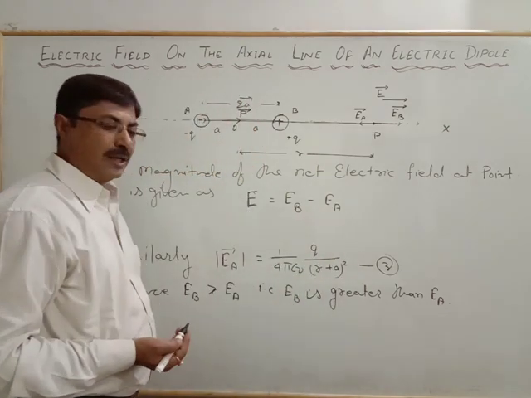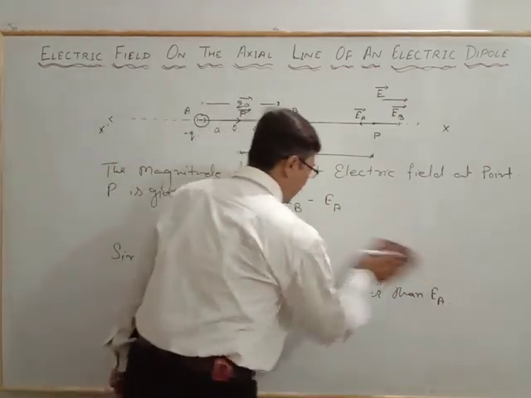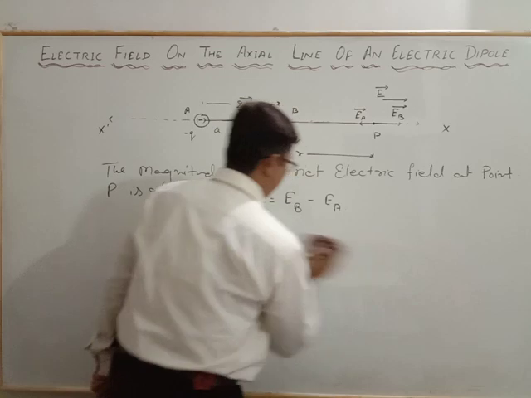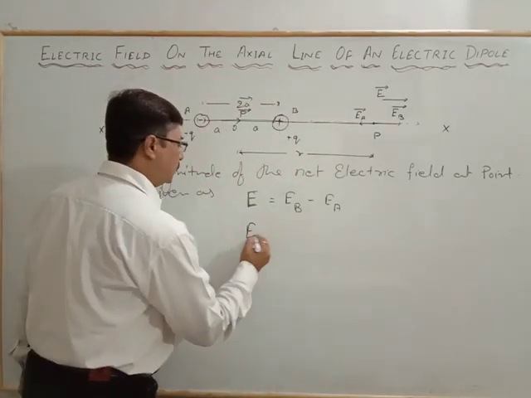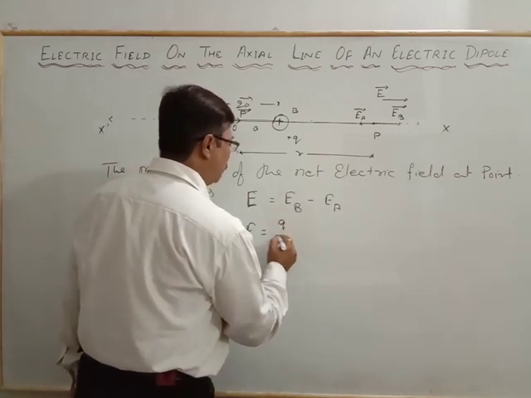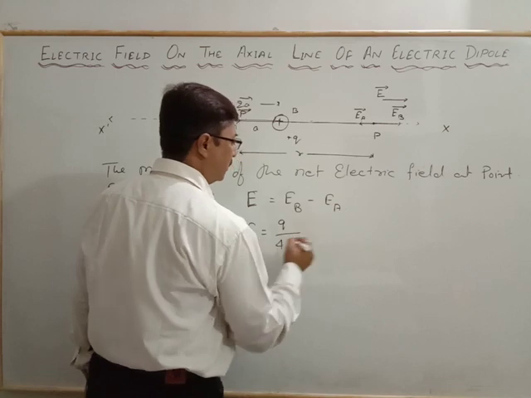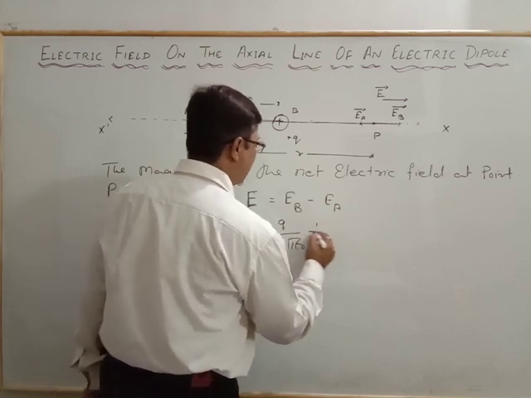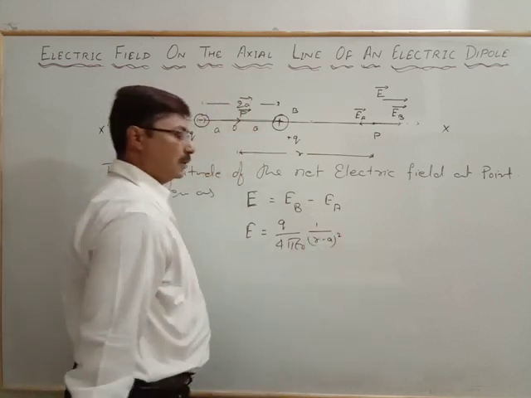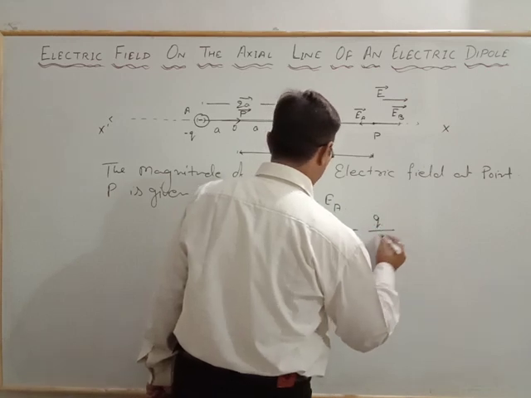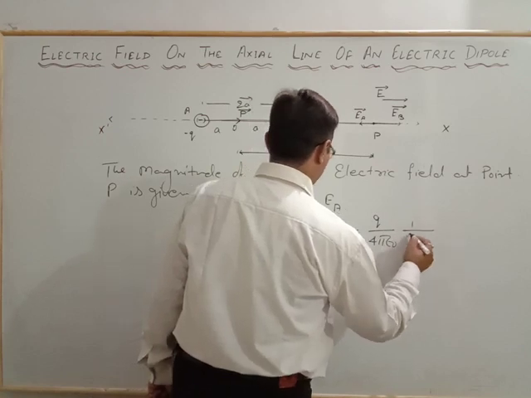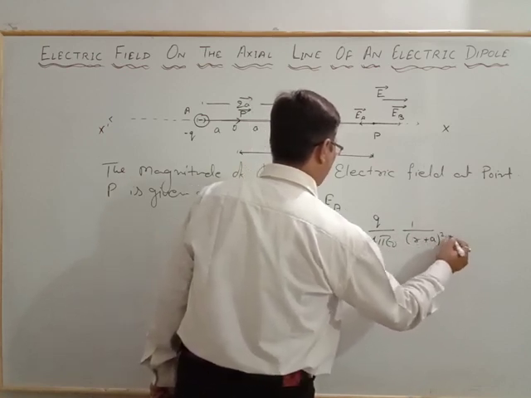Now just substitute the value and we have the relation for this net magnitude value of the electric field, that is E is equal to, in place of EB we will write the charge Q by 4 pi epsilon naught, and here 1 by (r minus a) whole square, minus again Q by 4 pi epsilon naught into 1 by (r plus a) whole square.